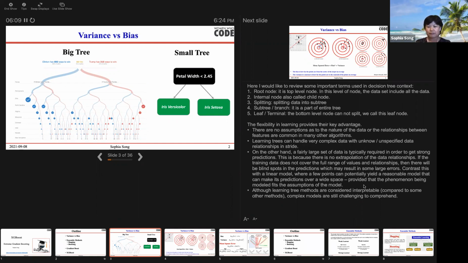Another thing is, although the decision tree is considered very interpretable, right? However, if you build a very complex model, it's still a challenge to comprehend, like the decision tree on the left hand. So that's the decision tree's basic idea.